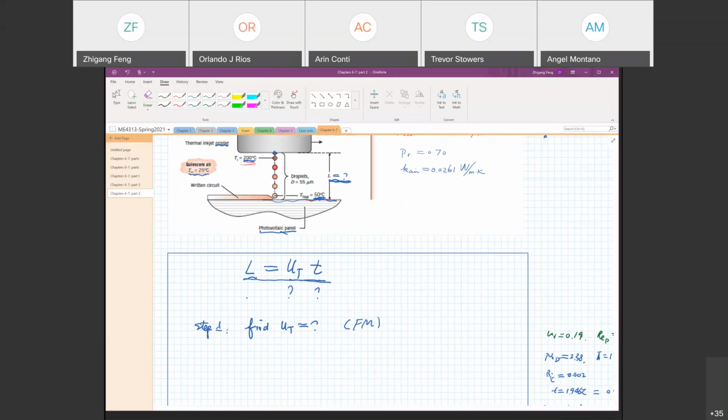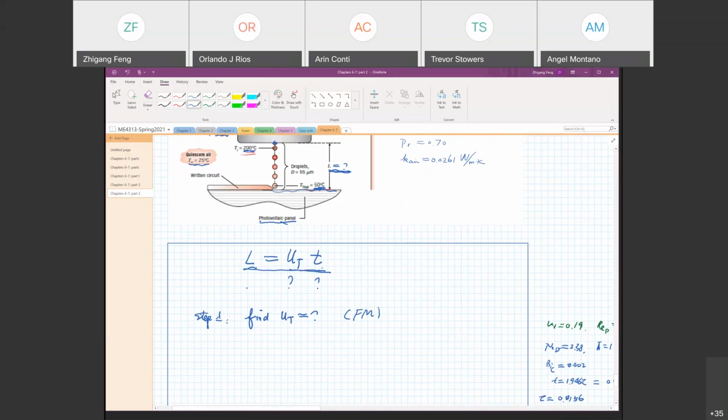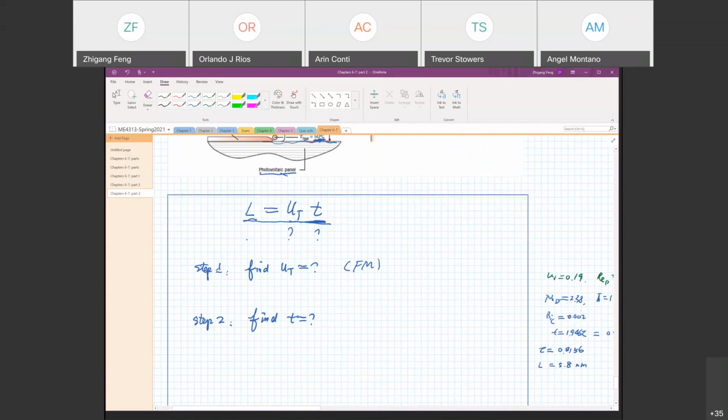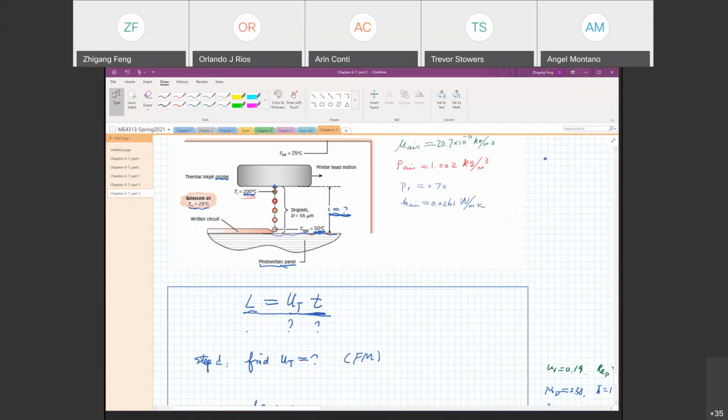The second question is, how do we find the time t? As I said, t will control the final temperature. If you have a longer t, then the final temperature will be smaller. So this is a transient conduction problem with respect to the droplet.